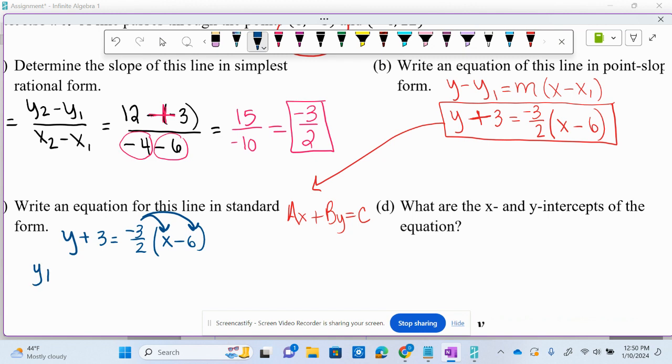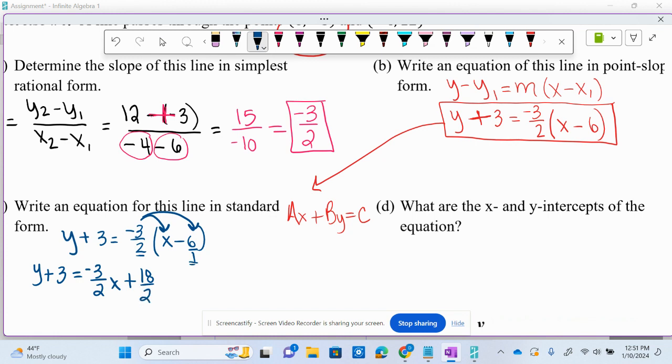So y plus 3 equals, well, let's see, negative 3 halves times x is negative 3 halves x. And to multiply fractions, we multiply straight across. Negative 3 times negative 6 is a positive 18. 2 times 1 is 2.